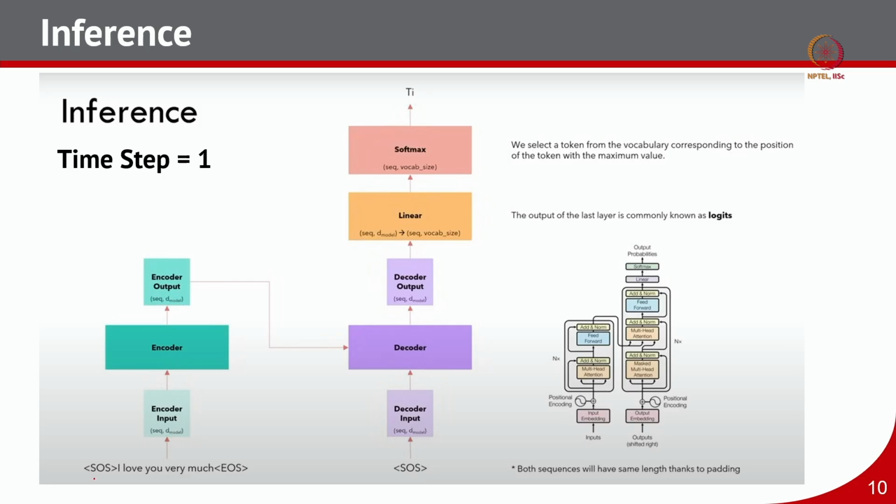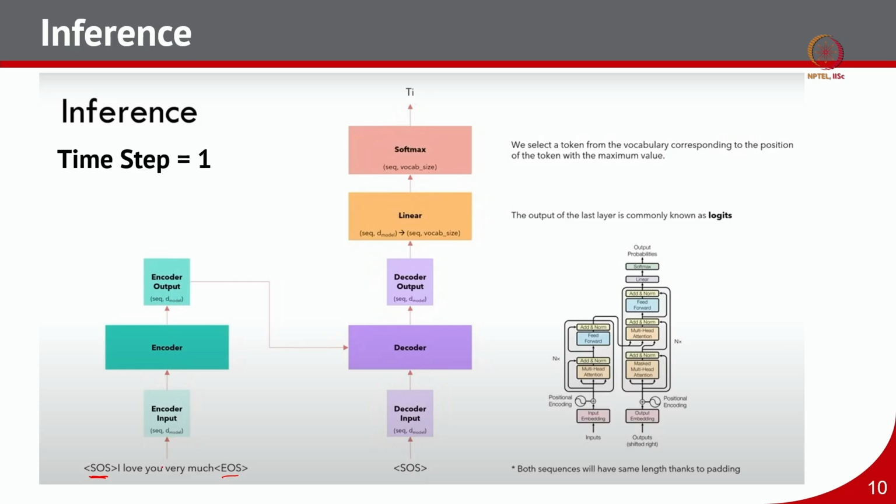So, remember, initially we have to give SOS, start of a sentence, so that we can tell the compute engine that now the sentence has started, and then at the end we have to give the end of a sentence token. These are specialized tokens. End of a sentence is used at the end of a sentence, as the name suggests. Now, that particular sentence is provided as the input to this transformer, right.